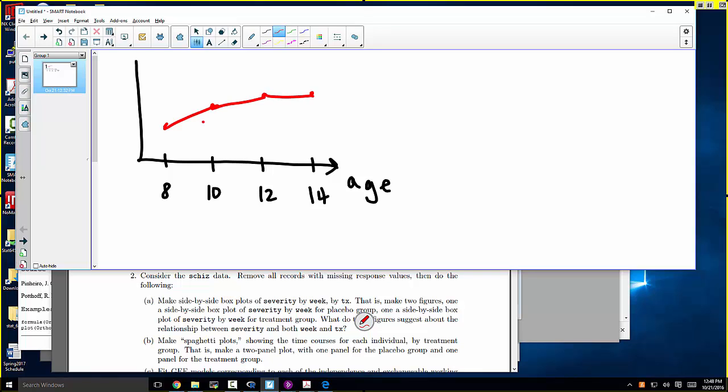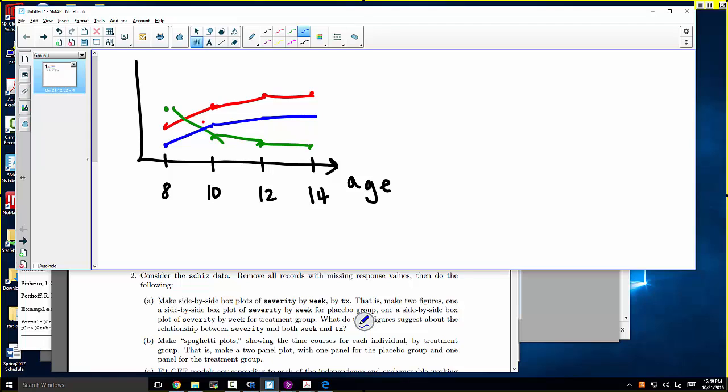There's one individual. Here's another one. And here's another one. So if you did that for all n individuals, it looks like you dropped a handful of spaghetti on your plot. That's where the name spaghetti plot comes from.